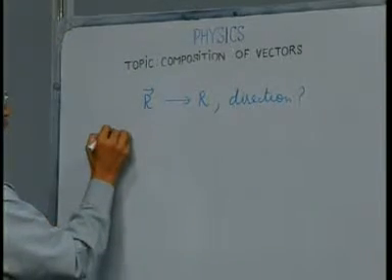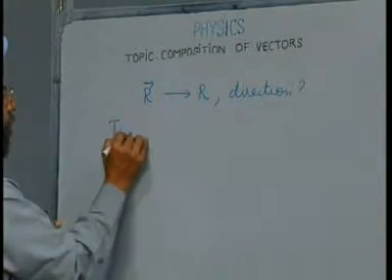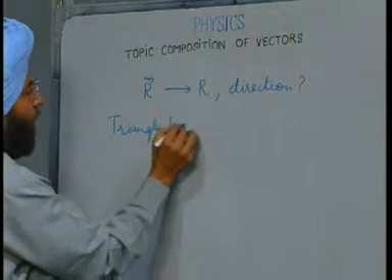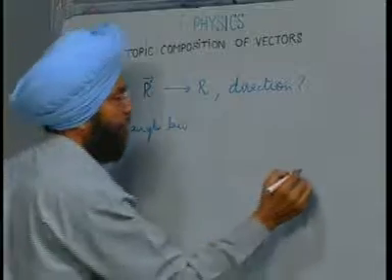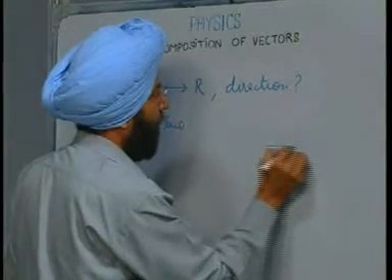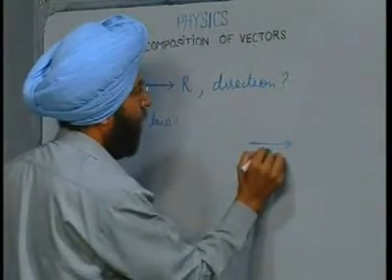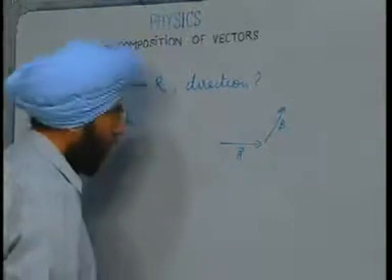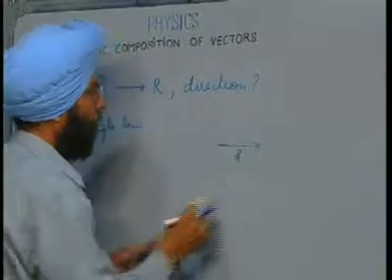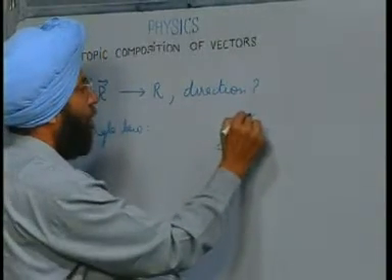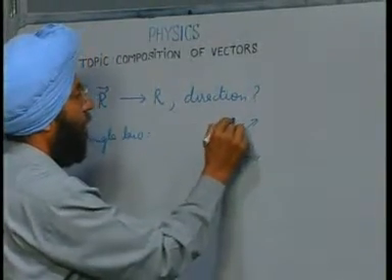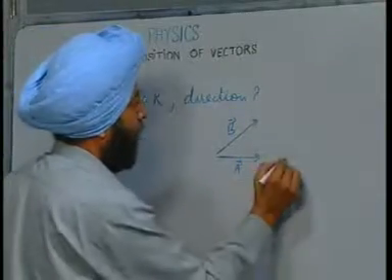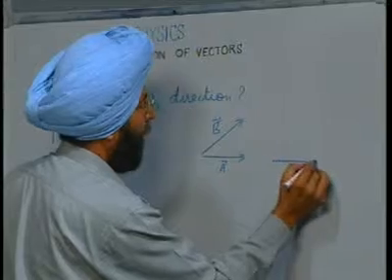If we use, say, triangle law, as we have seen in its statement, if we have two vectors A, B, we can add them using triangle law.